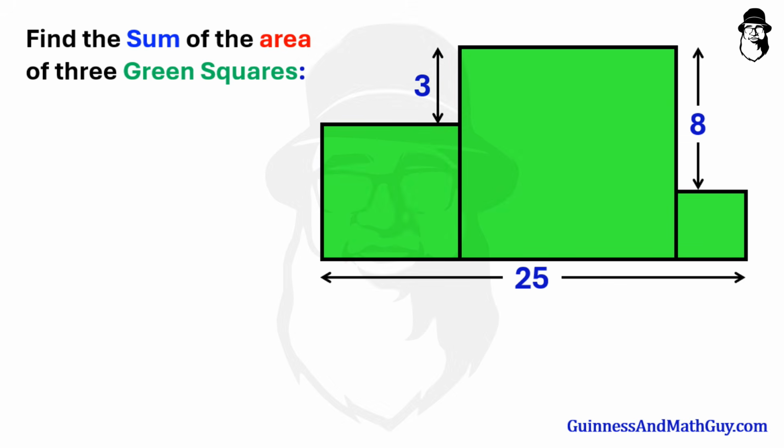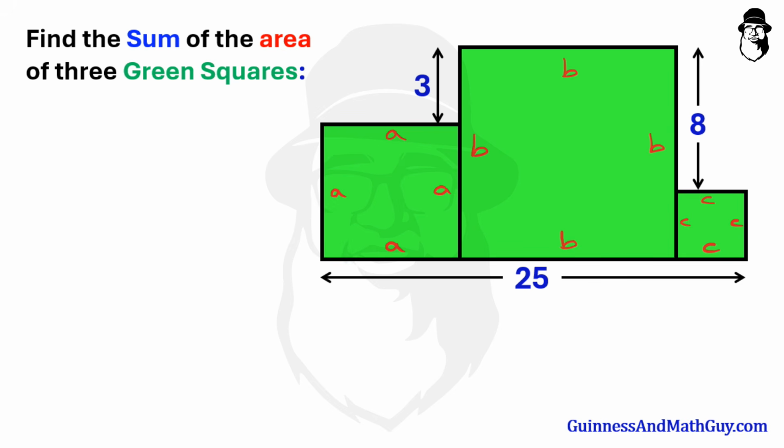Let's do this question. First of all, let's give names to the dimensions of these squares. Let's say this length is A, and because it's a square, all the lengths will be A each. If this length is B, then all the lengths of this larger square will be B, and if this length is C, then all the lengths of this smaller square will be C each.